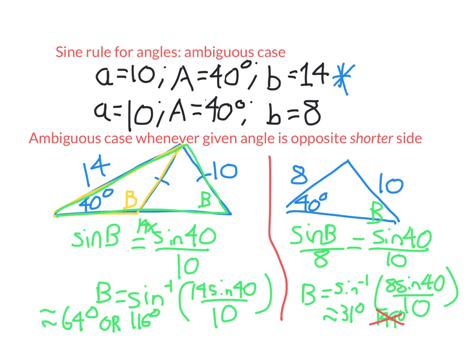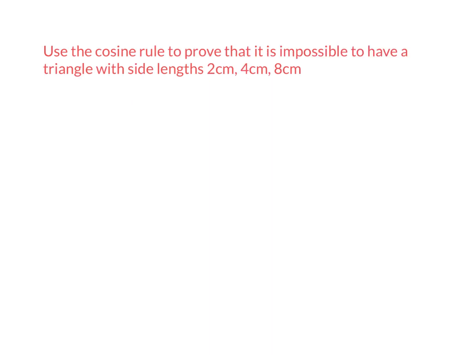All right, let's now look at a harder question involving the cosine rule. The sine and cosine rules can be used to prove things. In this case, we'll use it to prove you can't have a triangle with sides 2, 4, and 8 centimeters. You can probably tell why that is because 2 plus 4 is less than 8, but we can definitively prove it using the cosine rule.